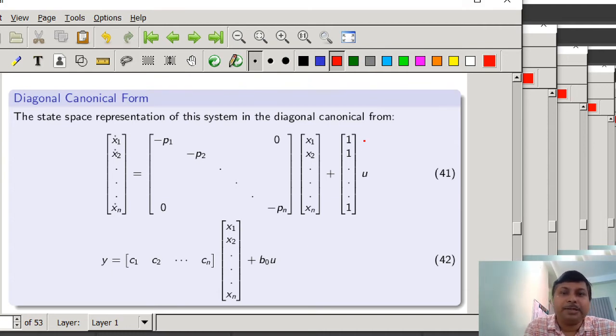In the B matrix, all the elements will be 1, and Y will be C into X plus B0 into U, where the elements of the C matrix are C1, C2, Cn.